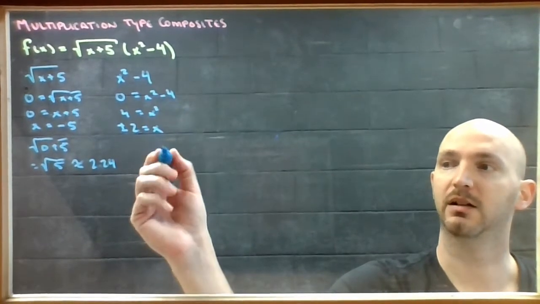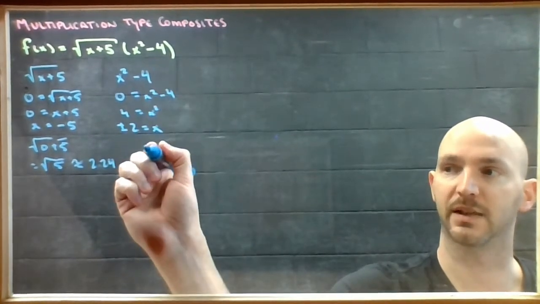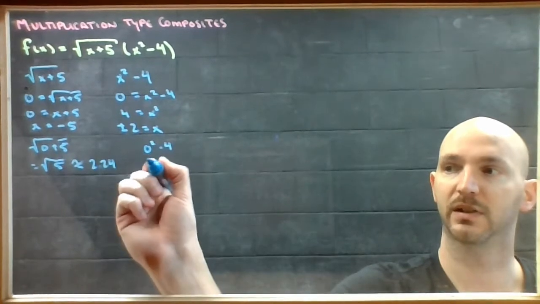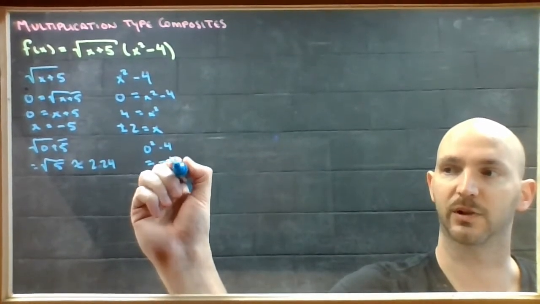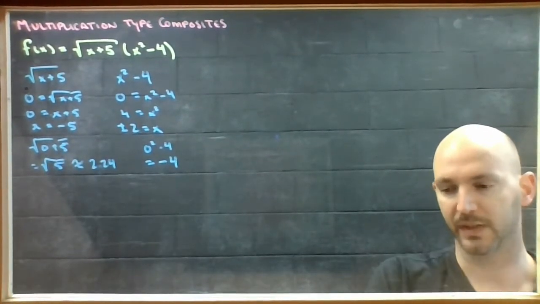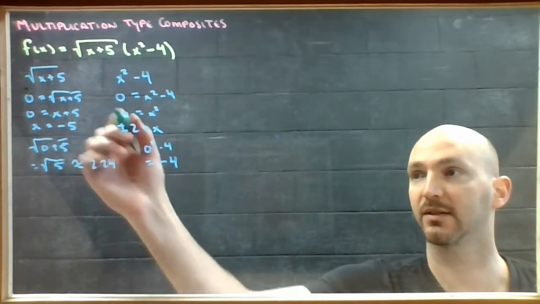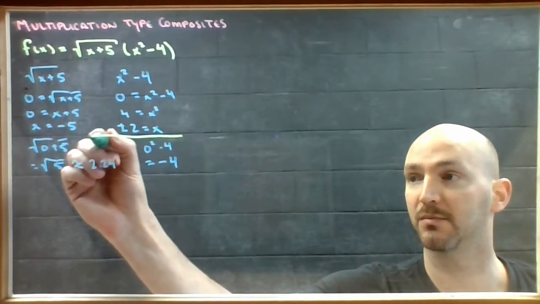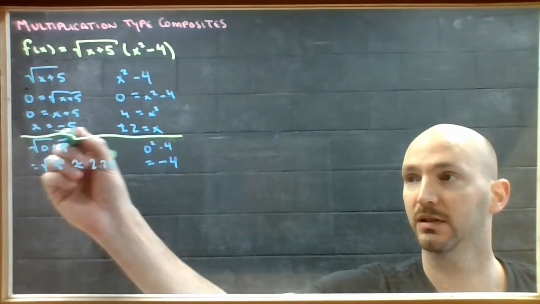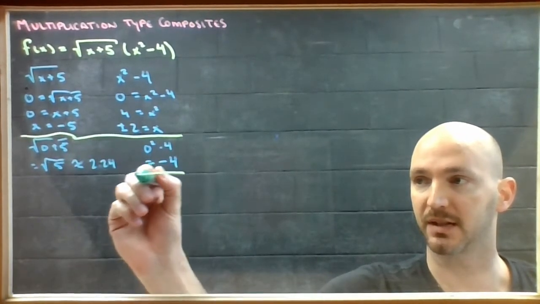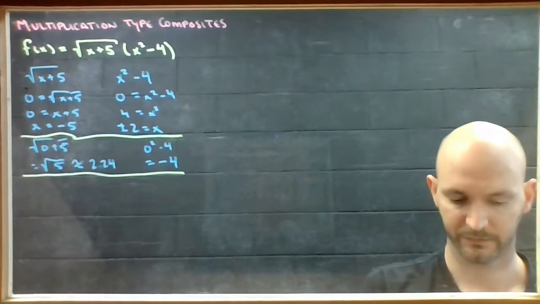And here, if I put a 0 in, I'd have 0 squared minus 4, which is negative 4. So I've gone through, and I found the first feature I need in order to do my analysis. I have my x-intercepts in this box, and I have my y-intercepts in this box. Lovely.